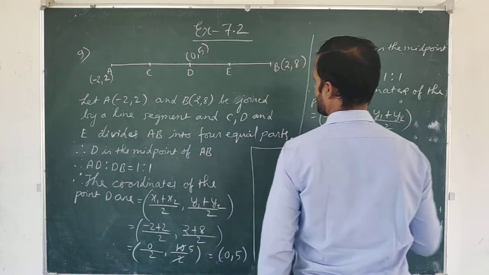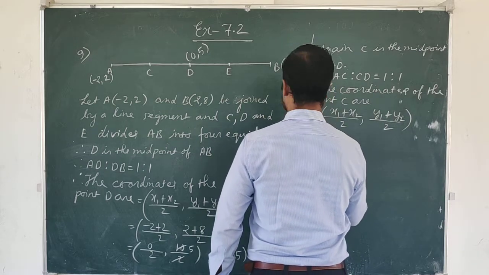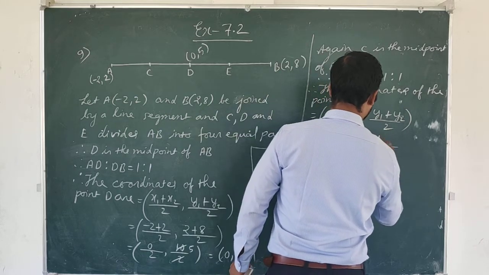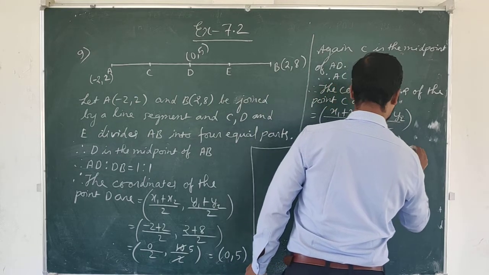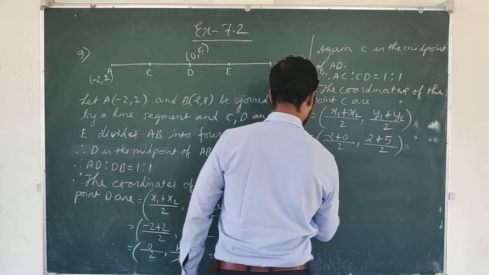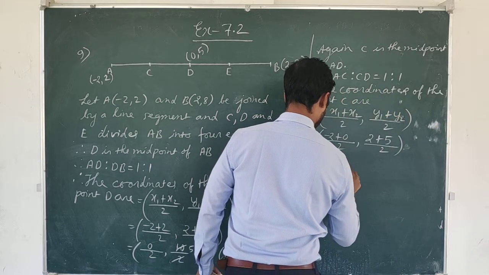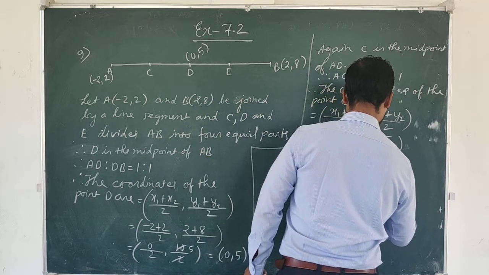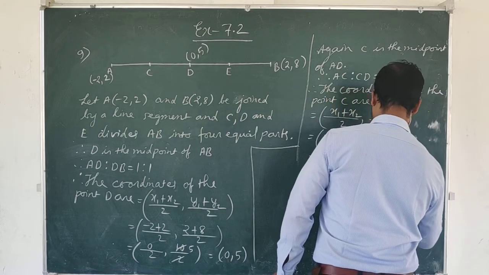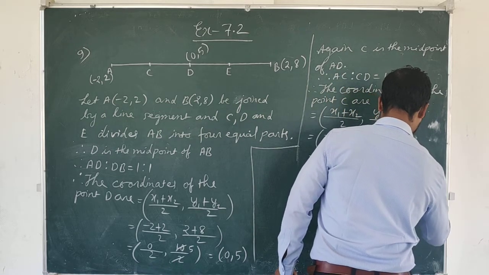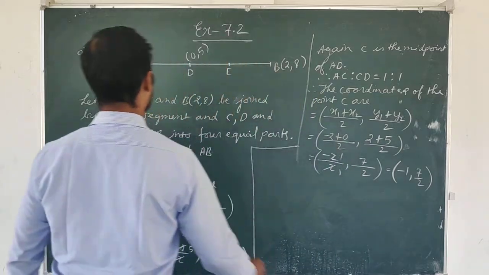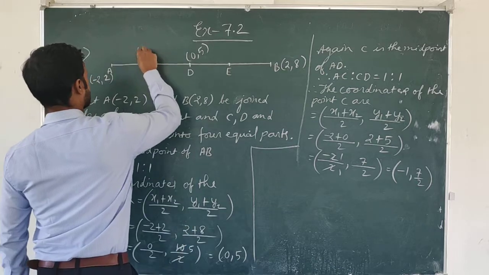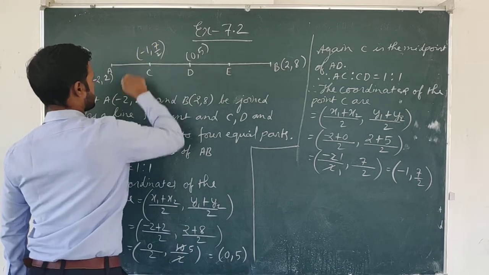So minus 2 plus 0 by 2, again 2 plus 5 by 2. So that will be equal to minus 2 by 2, comma 7 by 2, equal to (minus 1, 7 by 2). Minus 1 comma 7 by 2 is the coordinate of the point C.